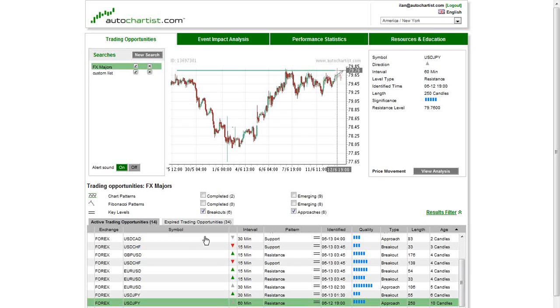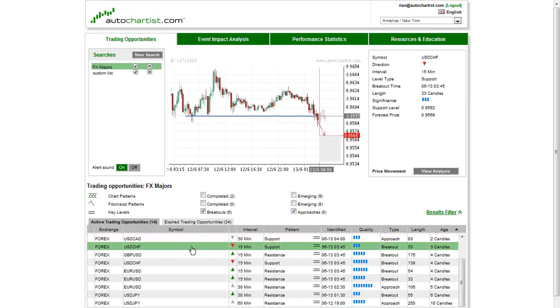So if you look at the US dollar Swiss franc opportunity we were looking at before, you could combine it with a moving average. And almost any moving average over the length of 20 or 30 would confirm a breakout through the support level.